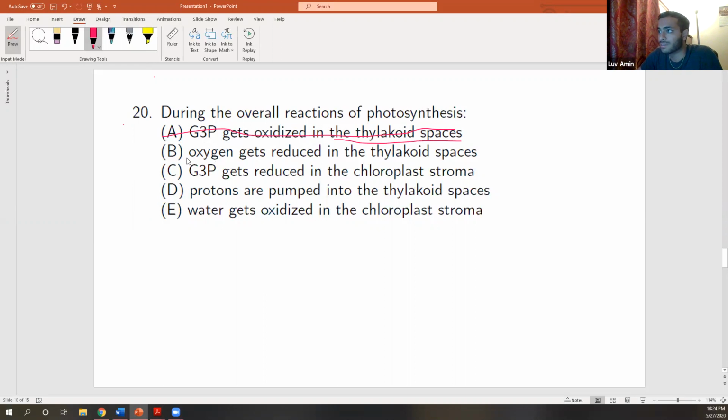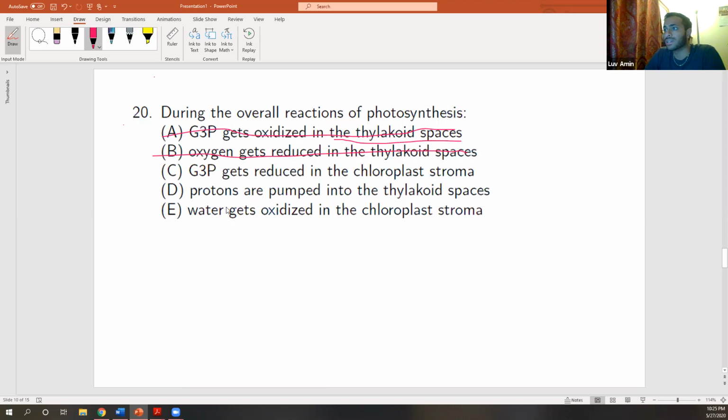B, oxygen gets reduced in the thylakoid spaces. So oxygen, in fact, does not get reduced. Oxygen is made through the oxidation of water, right, in the thylakoid space, but not in this case. C, G3P gets reduced in the chloroplast stroma. G3P is not reduced, in fact, in the chloroplast stroma.